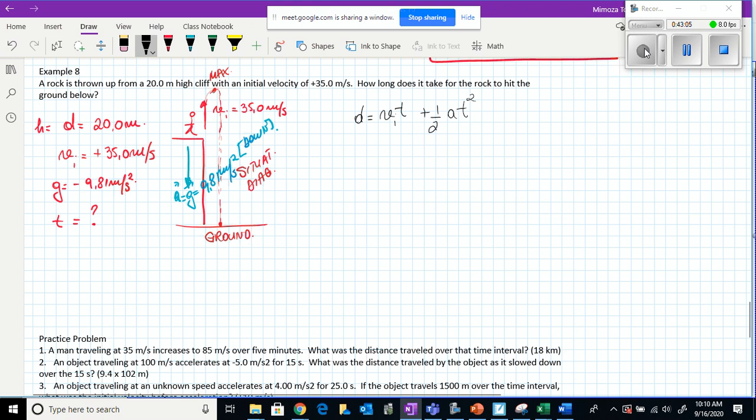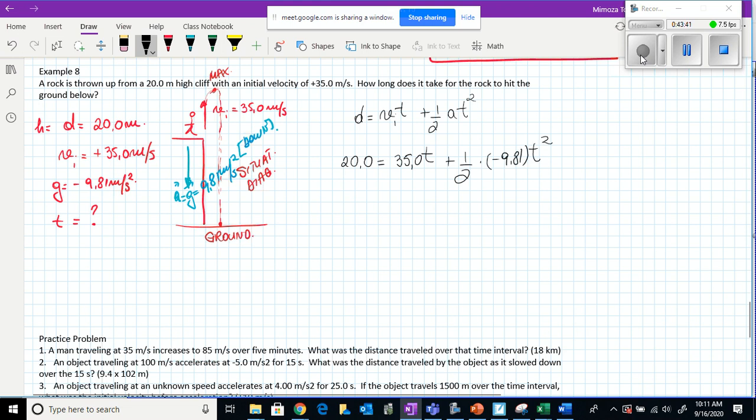Now, what do we see in this case? Both ways are fine. You can use that or find the final velocity. Is it clear? But see now what we notice here: 20 is equal to positive 35 times t plus 1/2 times negative 9.81 times t squared.